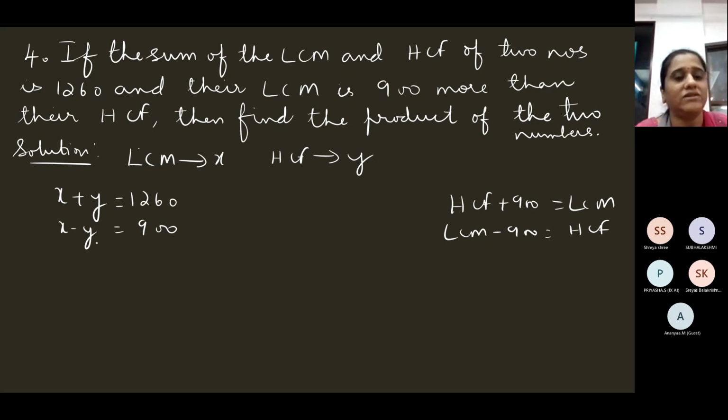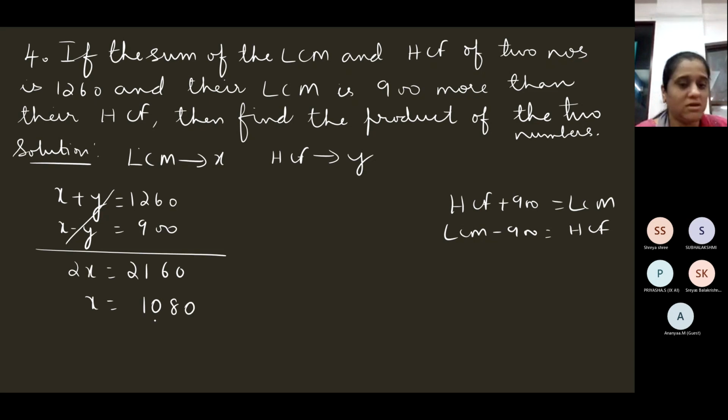All right, so now on solving these two equations, you get 2x is equal to 2160. So x is equal to 1080. So substitute and get the value of y. Therefore, y is equal to 180. So now find the product of the two numbers. What are x and y, by the way?